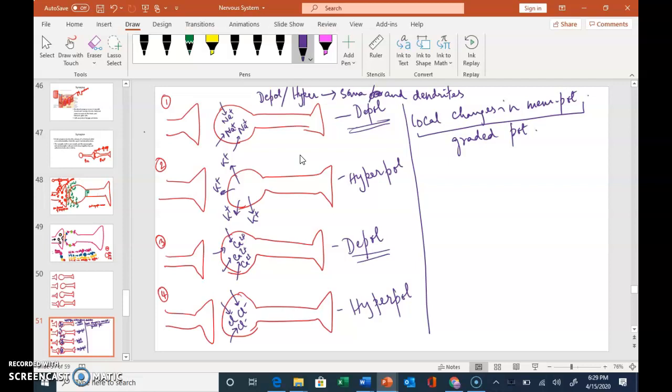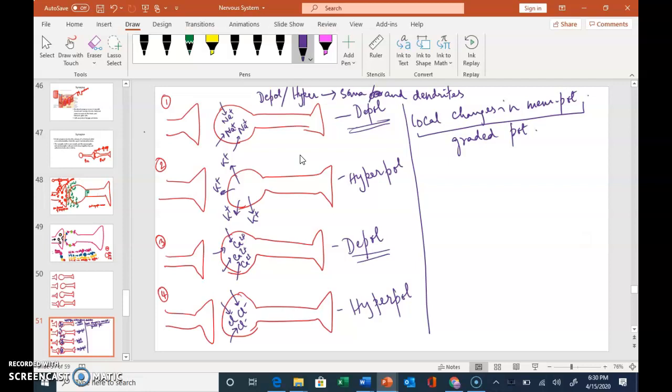Now, let's say we have a little bit of sodium coming in. Will you think the cell will be depolarized enough to reach threshold from resting membrane potential? Maybe not. You may need more sodium to come in to reach threshold from resting membrane potential, right?